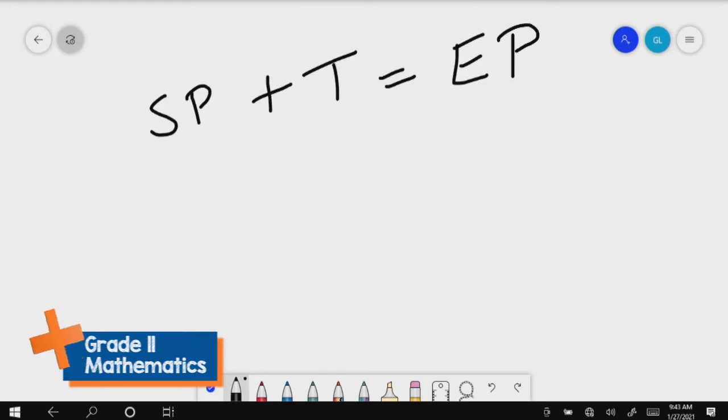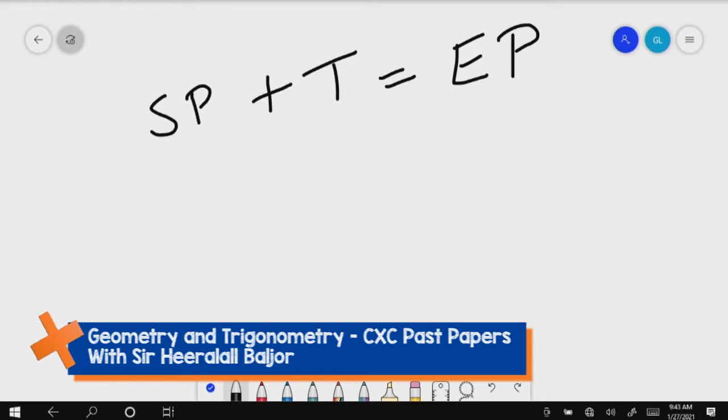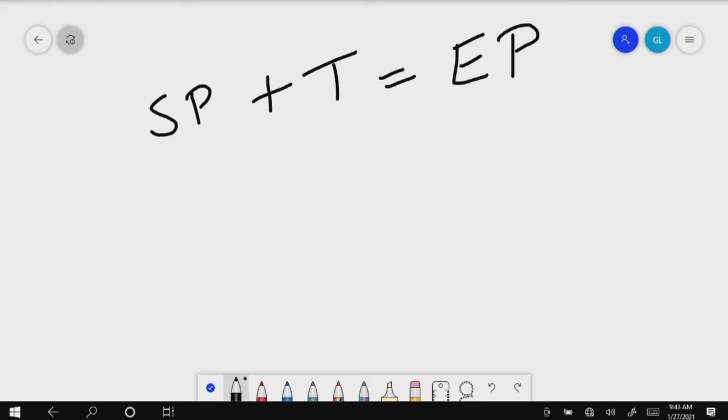In movement of objects in geometry, there are several types of relationships and functions we use. The mere fact they mention translation means it's only applicable to this formula: the starting point plus the translation equals the end point.